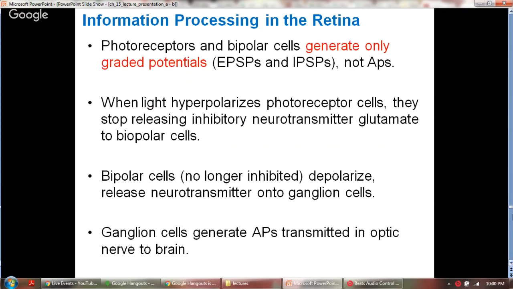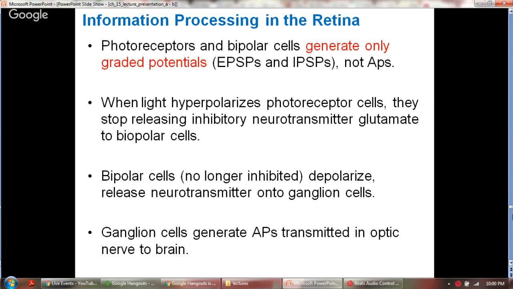With regard to information processing in the retina, the photoreceptors and bipolar cells generate only graded potentials, not action potentials. When light hyperpolarizes the photoreceptor cells, they stop releasing the inhibitory neurotransmitter glutamate, and the bipolar cells are no longer inhibited and depolarize, releasing neurotransmitter onto the ganglion cells.